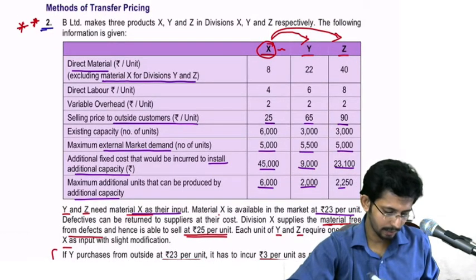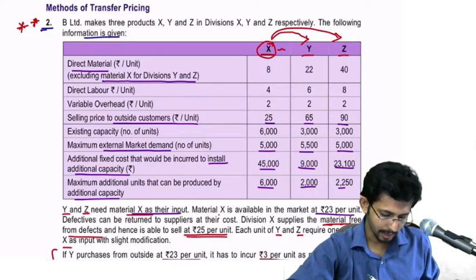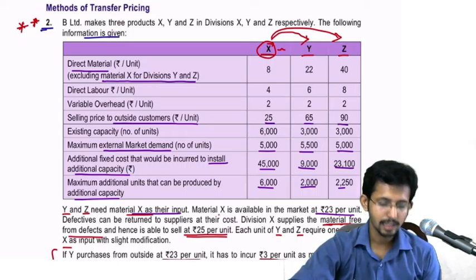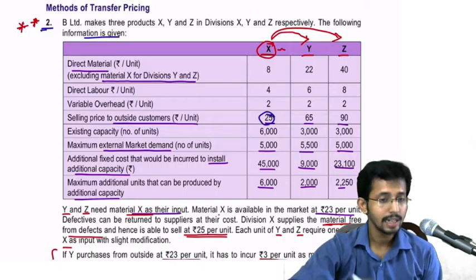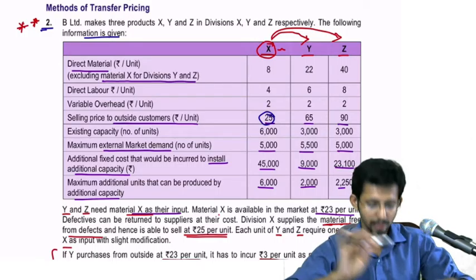Division respectively, the following information is given. Material cost, that is given. Labor, variable overhead, selling price to outside customers. X is selling this component X or product X in the external market at 25. It does not mean that they are going to charge 25 itself. Is it mentioned anywhere? No, it is not mentioned.